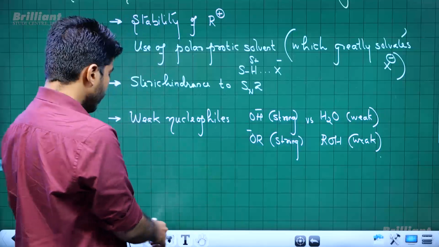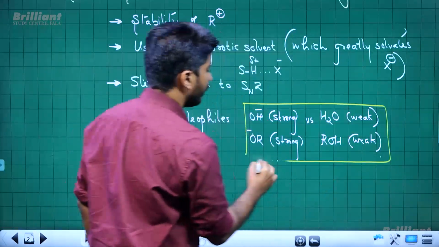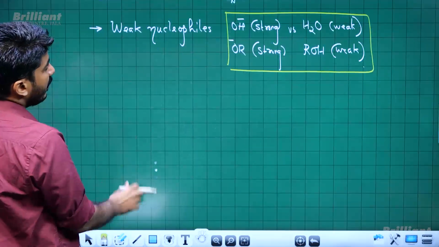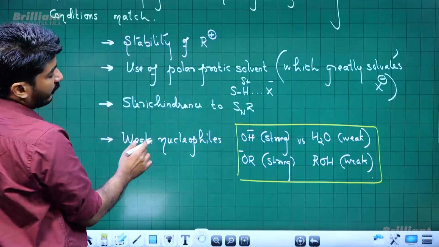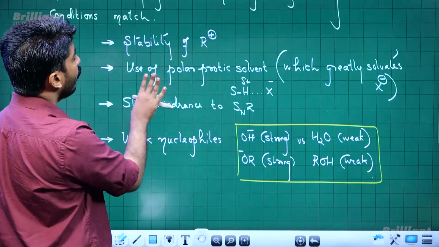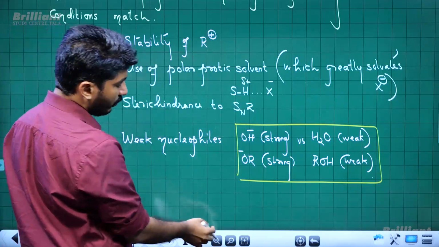Weak nucleophiles generally promote the SN1 mechanism, but none of them exclusively promotes SN1. Two or more of these criteria have to match, and only then does the SN1 reaction occur.